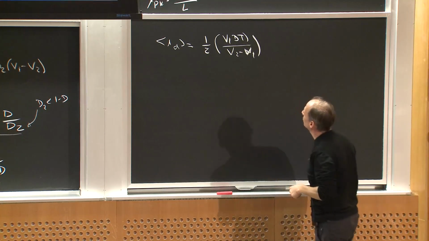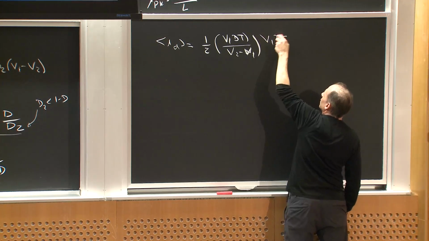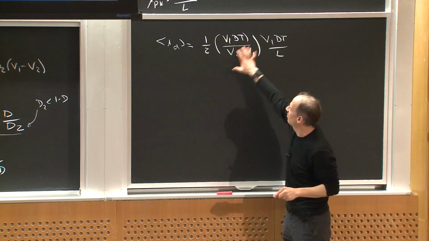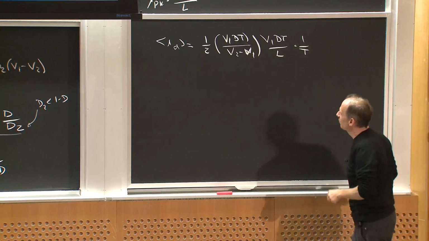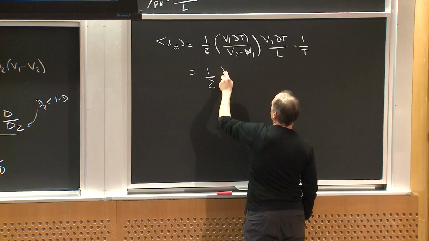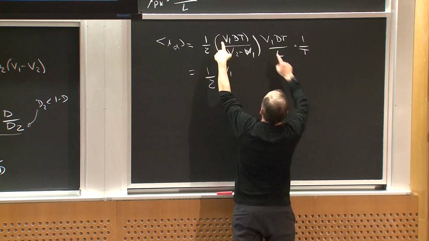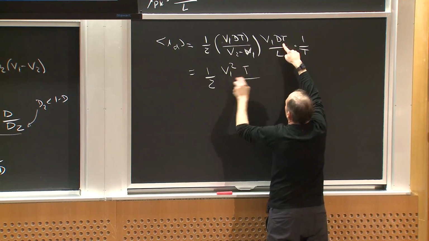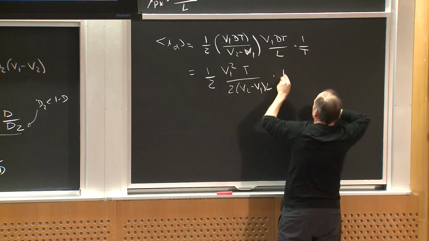Okay. 1/2 the base times the height, which is I peak, which is V1 DT over L. Okay. This is the area under that triangle, 1/2 base times height, times 1 over T. Okay. If I rewrite that, then what I'm going to get is 1/2 V1 squared T over 2 (V2 minus V1) L times D squared.